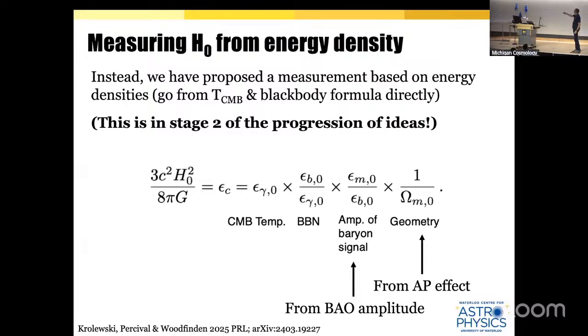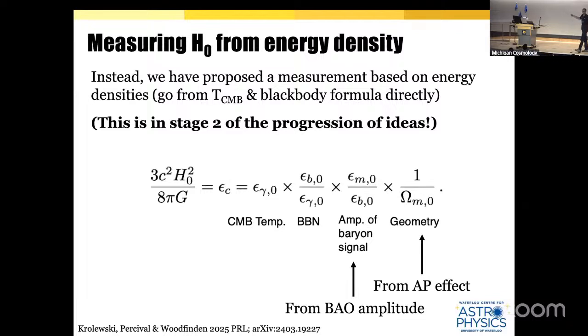You can think of this by writing down, from your fourth year cosmology class, the critical density, and then writing the critical density as the physical density of photons in the universe that we know from the CMB, the ratio of baryons to photons that we know from Big Bang nucleosynthesis, the baryon fraction, and omega m.